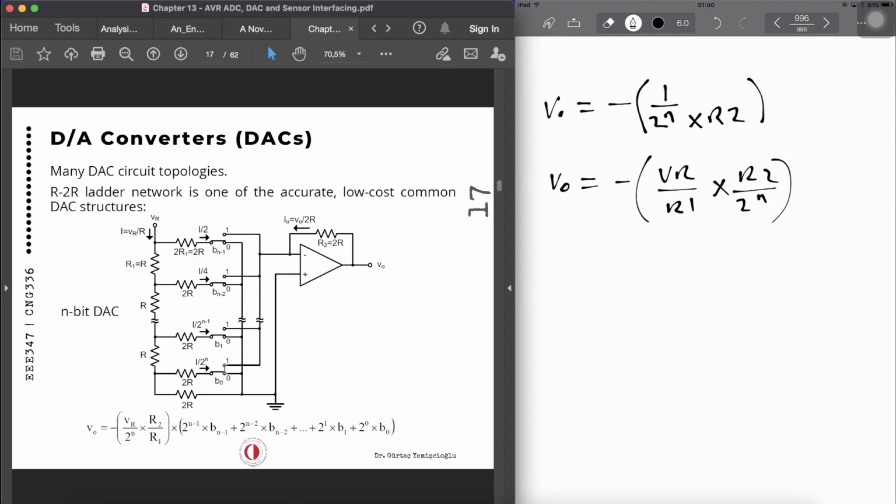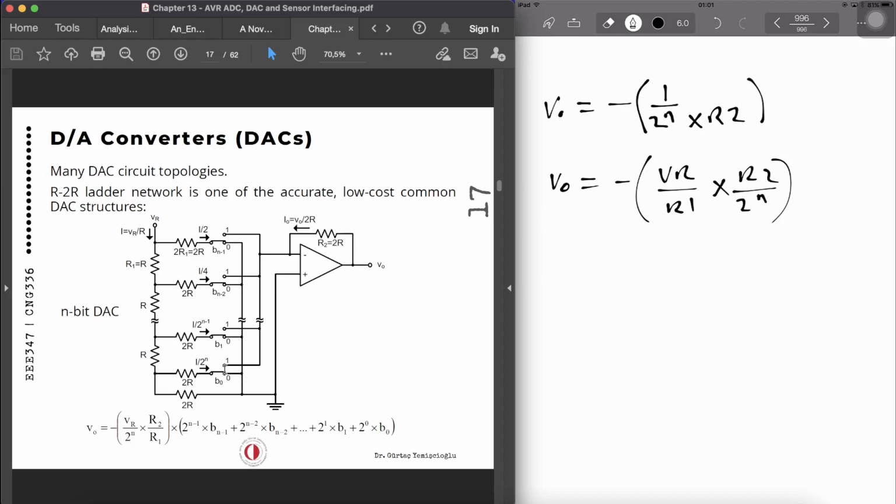Now, the reason we introduced the digital to analog converters, as I already said, is that we are going to see, when you are trying to build an analog to digital component, that one of the components in there is a digital to analog converter. So we need to have a digital to analog converter inside of the analog to digital converter implementation.